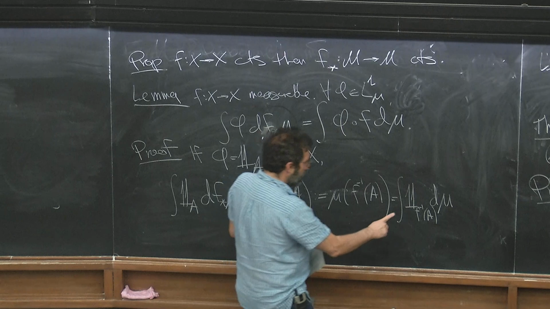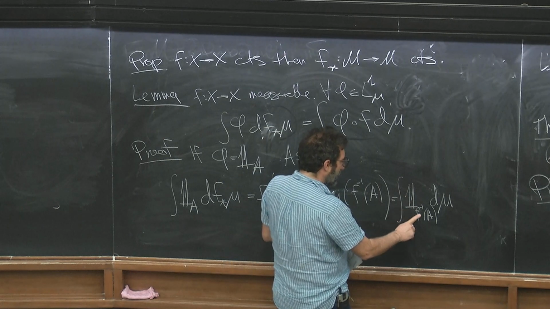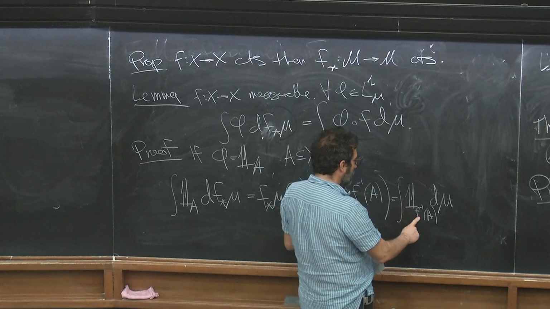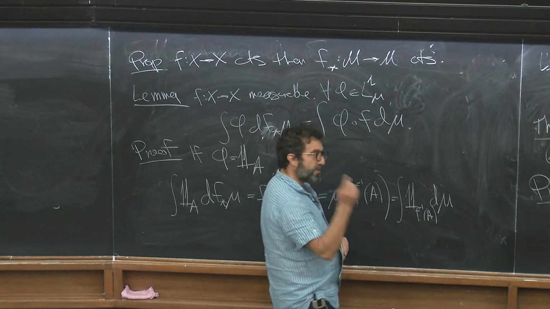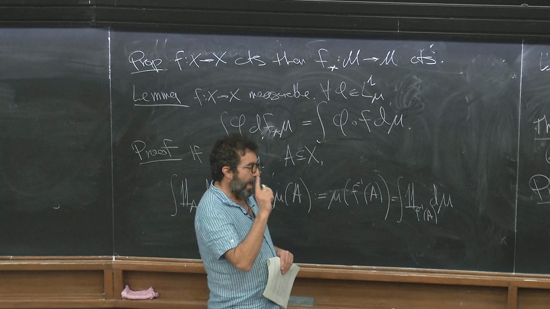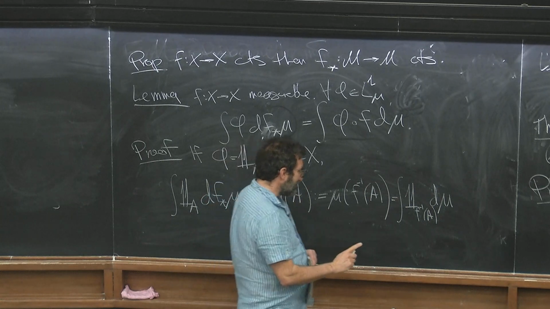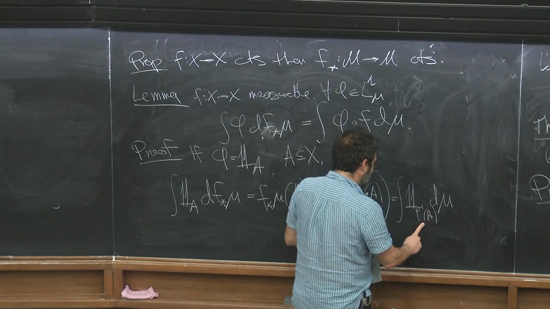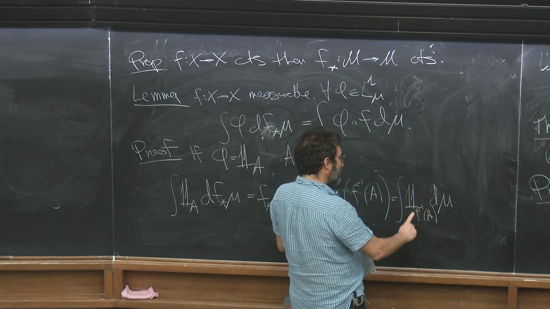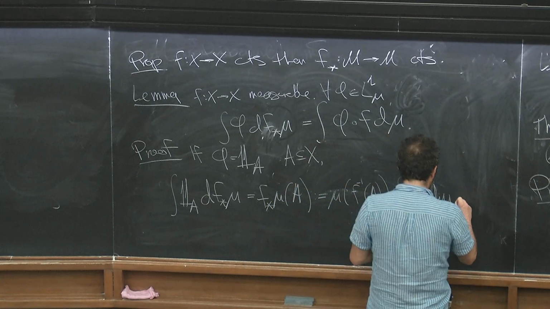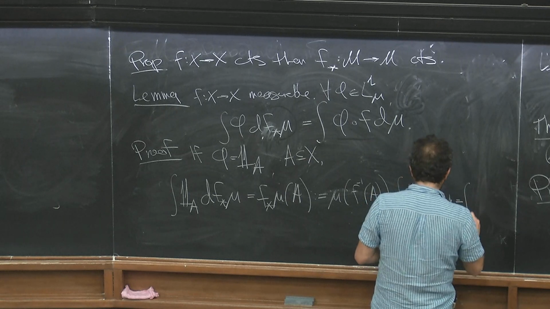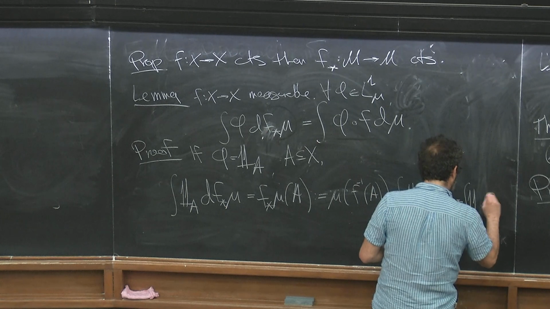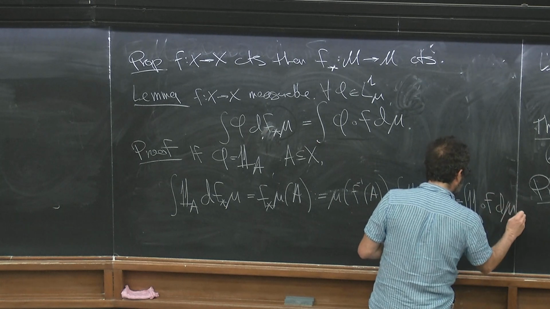If you think about what this means, the characteristic function of f minus 1 of A is 1 at all the points x which belong to f minus 1 of A, which means all the points x whose images belong to A. So this is exactly equal to the integral of the characteristic function of A composed with f d mu.